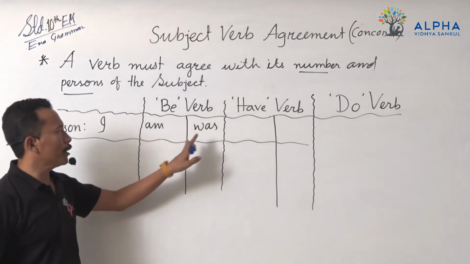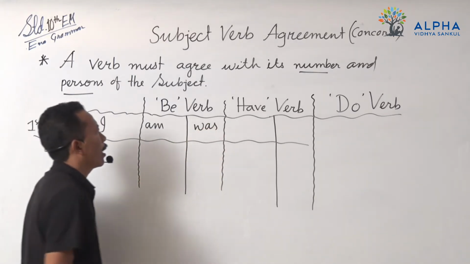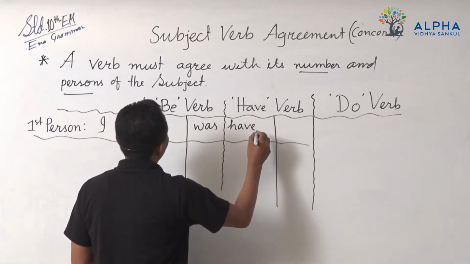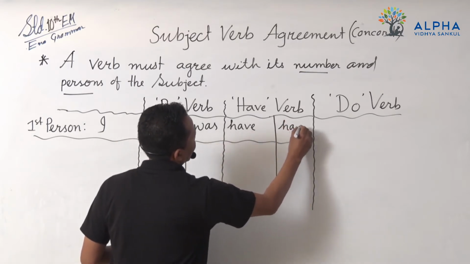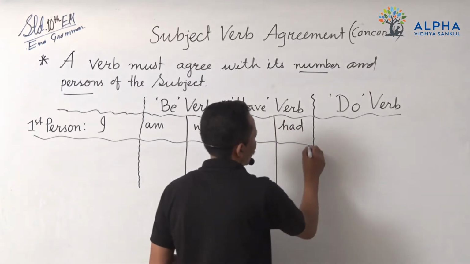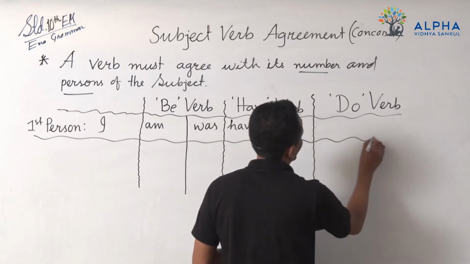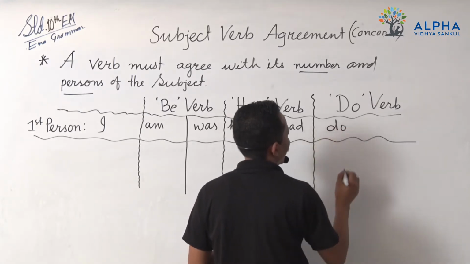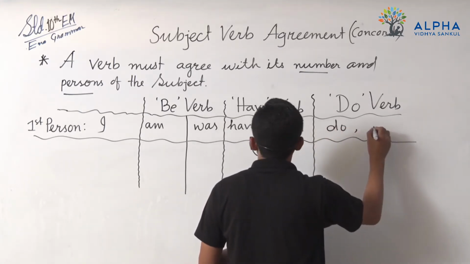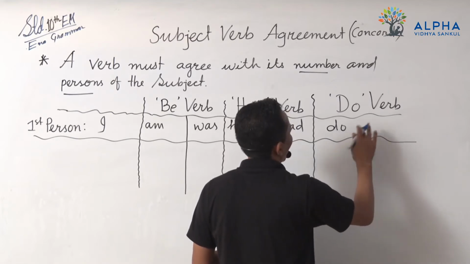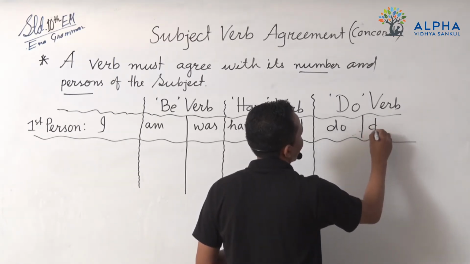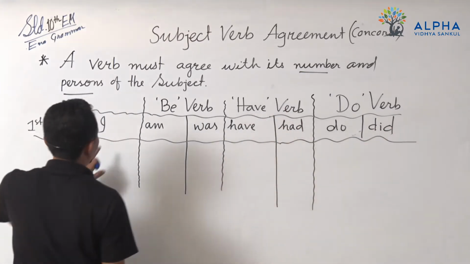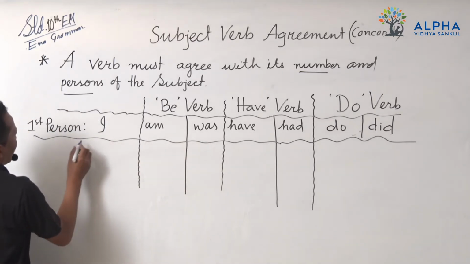This is for the present, this is the past. You can say I have, and for the past tense I had. Then you can say I do, and for the past you say did.